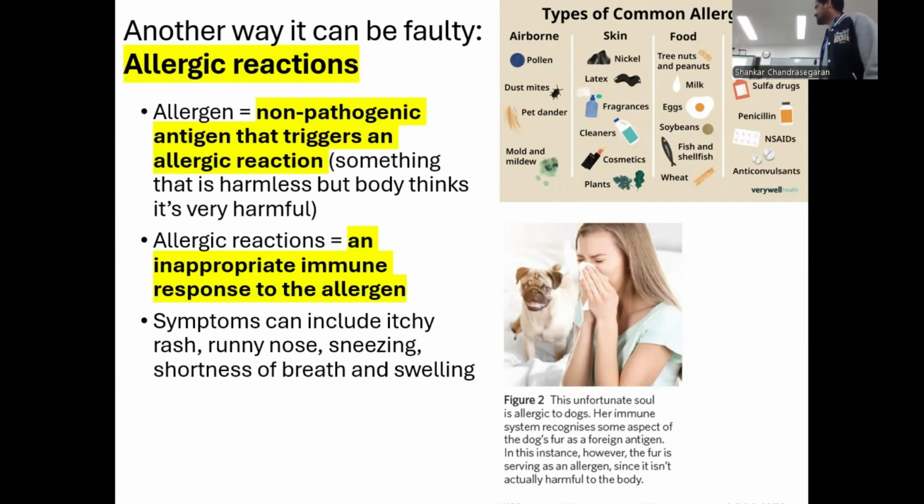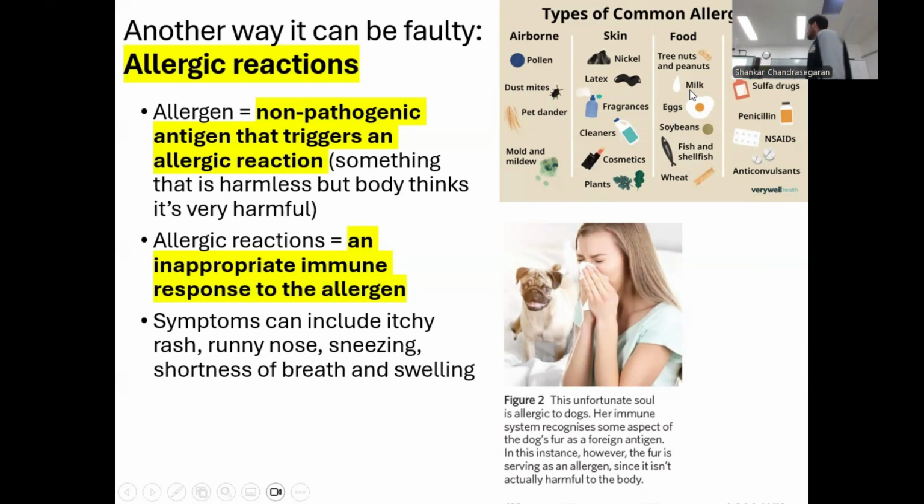So anything you're allergic to, your body basically detects these antigens present on whatever those items are, and then it will basically decide that this is a very dangerous and very harmful substance because of it having these antigens, and will trigger an allergic reaction, which is an inappropriate immune response to the allergen. So think of something specific like eggs, right?